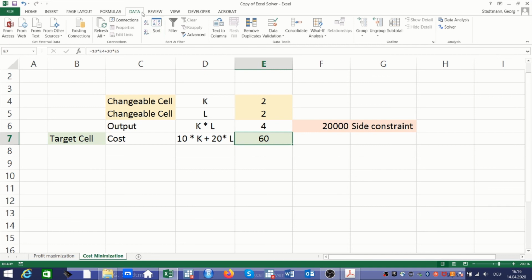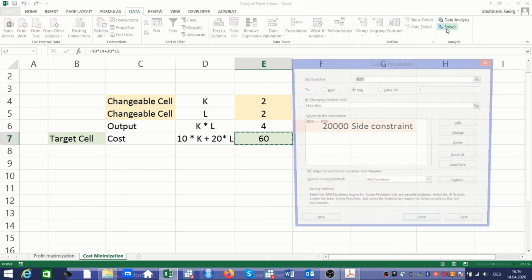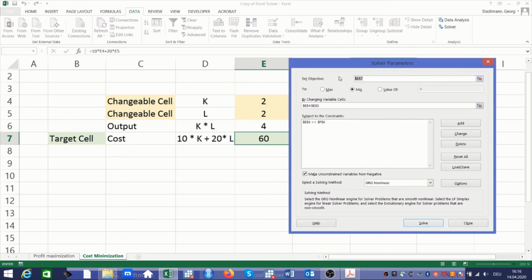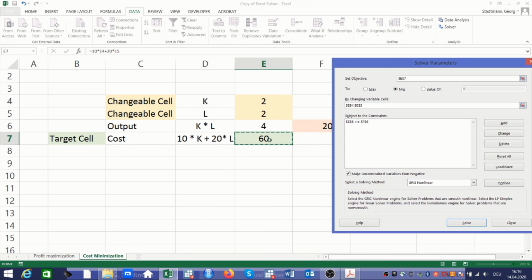So let's once more ask Excel to solve this problem. I press on Data and then Solver. The objective is cell E7 where we find the cost. Now we have to set the dot at the minimum because it's a minimization problem.